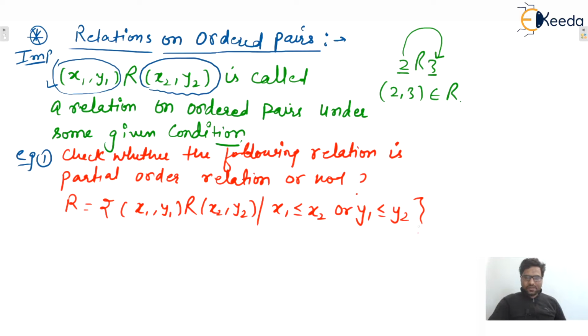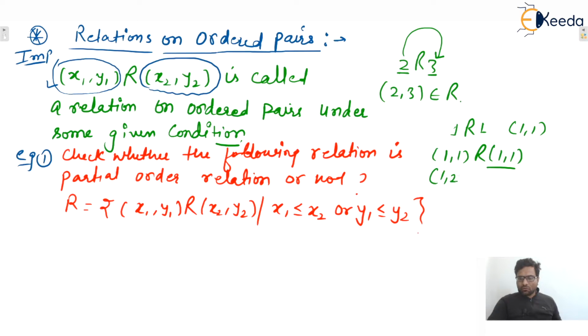Remember, in this particular case, if elements are considered, then 1 comma 1 is a self loop. But in ordered pairs, 1 comma 1 is related with 1 comma 1, this is a self loop, as well as 1 comma 2 is related with 1 comma 2, this is also a self loop, because x is related with x.